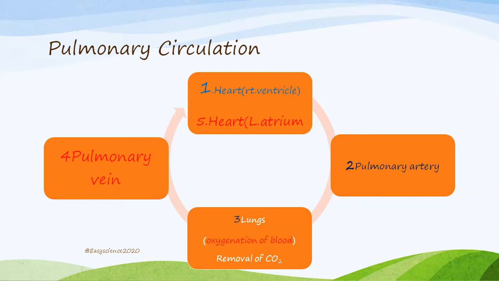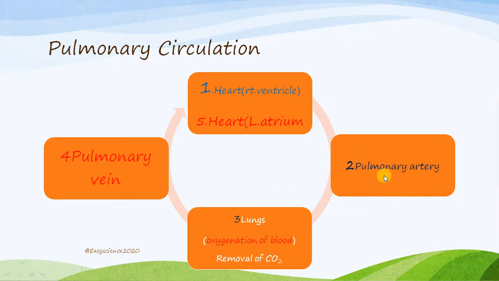Then this impure blood moves to lungs by pulmonary artery, and there is oxygenation of blood and removal of the carbon dioxide in lungs. Then after this oxygenated blood is carried by pulmonary vein, and finally the oxygenated blood reaches the heart back again in the left atrium. Then after systemic circulation starts.